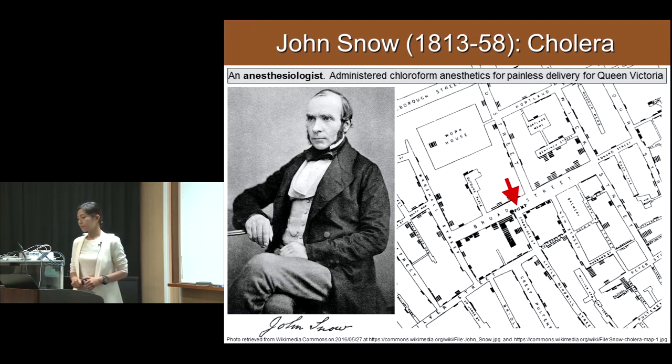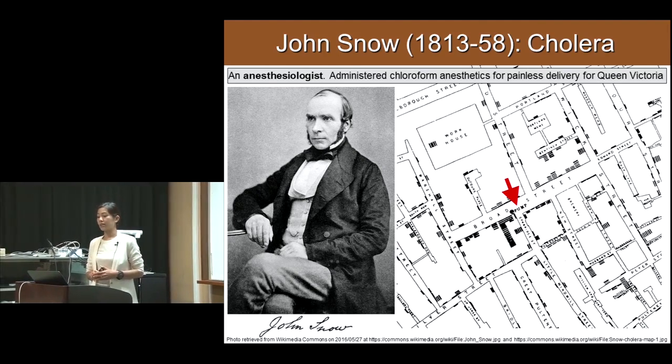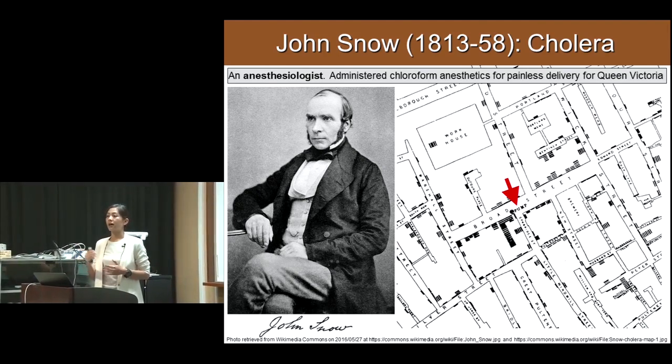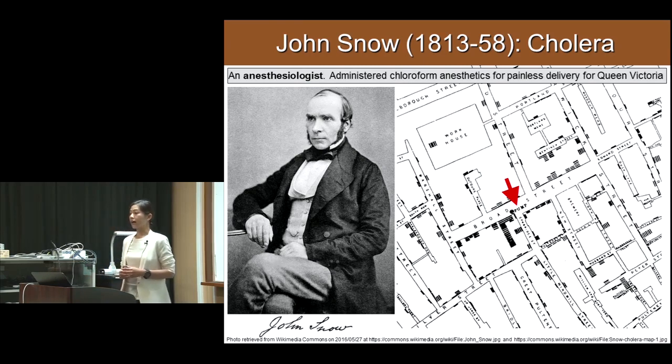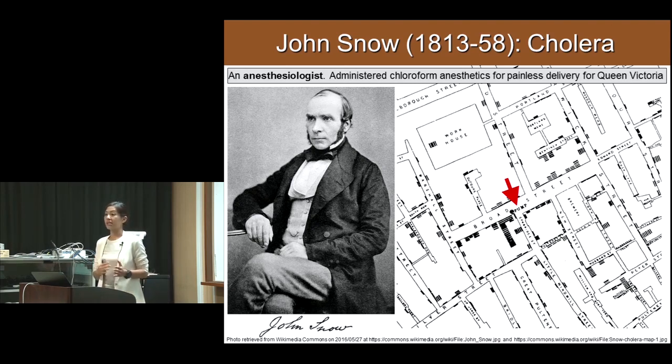And so he concluded that the consumption of water from this pump was the common factor among the patients. So his finding was very compelling, and he could persuade the local council to disable the pump, which later ended the outbreak in the first phase of cholera.